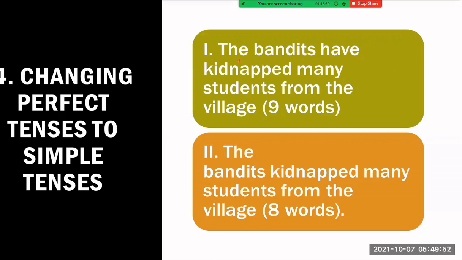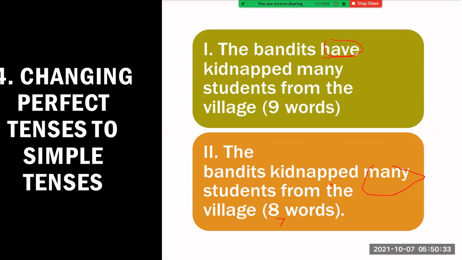For example, the bandits have kidnapped many students from the village. Now, when you have a perfect tense, you have to include have or had, depending on whether present or past, perfect. So we only eliminate this. All right. Once we eliminate this, then we are left with 8 words. The bandits kidnapped many students from the village. Now, if we remove the modifier here, which is many, then we will be left with 7 words.